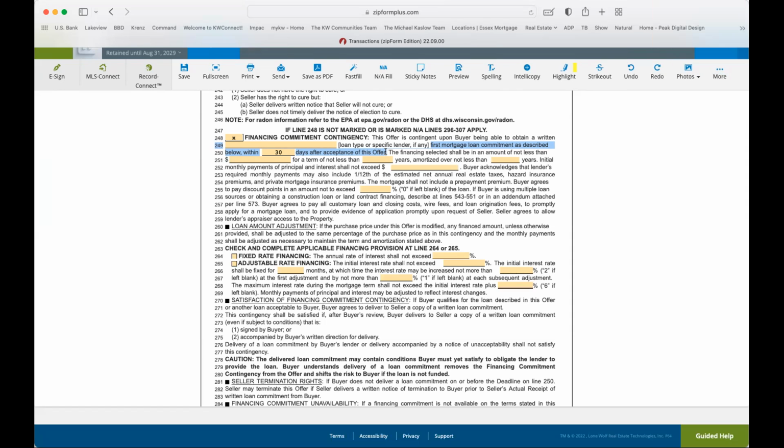So is that same as a written statement in like Minnesota then, basically? It could be, Jerry. I've never written an offer in the state of Minnesota. In this case, this is the time period that the lender has to get all their stuff together.